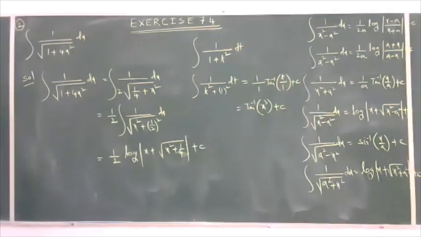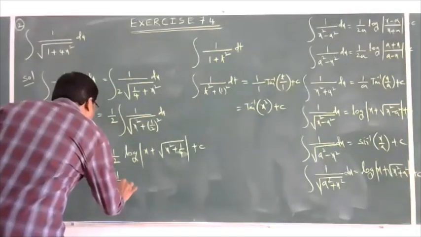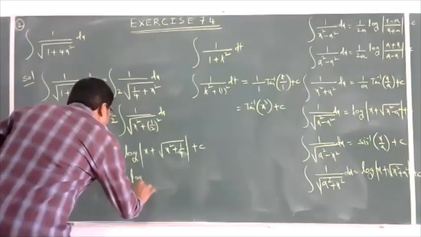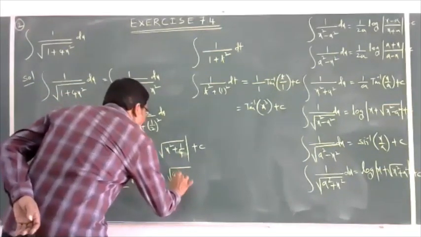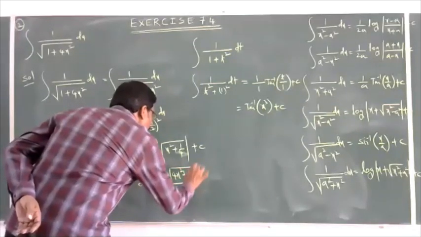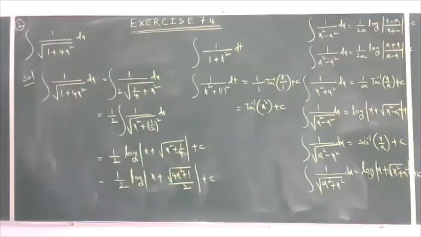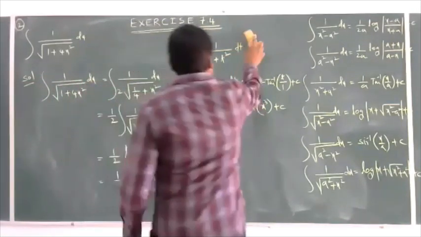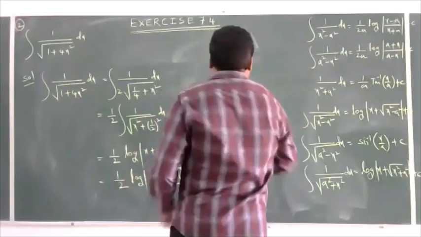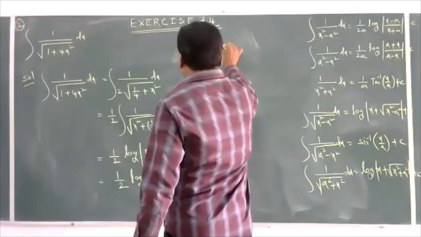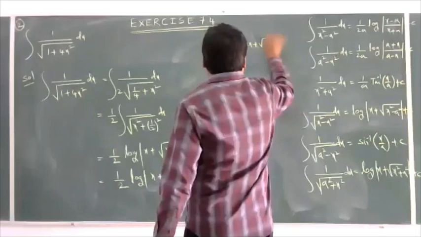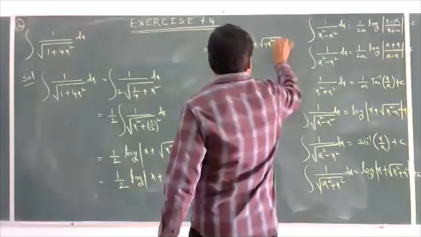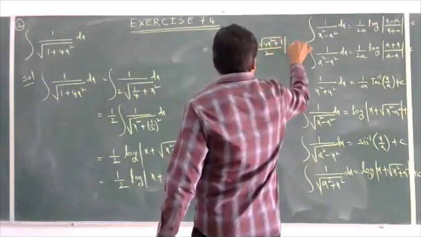Simplified form, that is equal to 1 by 2 into log mod x plus root of 4x square plus 1 by 2 plus c. So here LCM you get 2x, that is equal to 1 by 2 into log mod 2x plus root of 4x square plus 1 by 2 plus c.